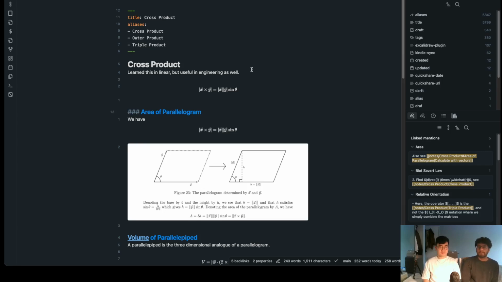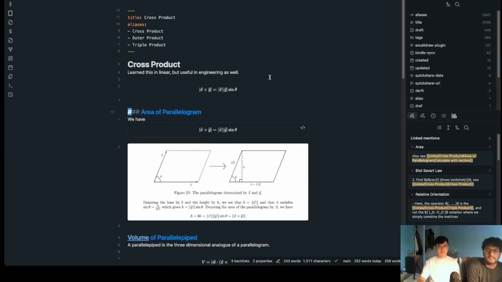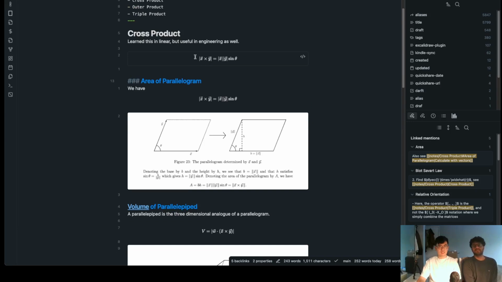You even have the definition. I have the area, but this is called the area. The norm of the cross product is the magnitude. Magnitude is the norm. No. Oh yeah, it is. Wait. No, norm is when you normalize it too, right?